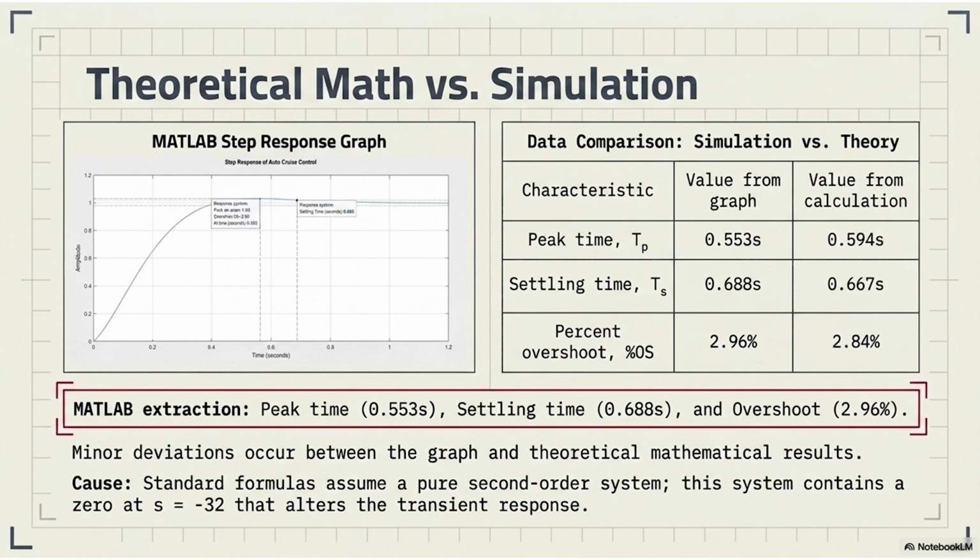When we compare this data to our theoretical calculation in the table, we see a minor deviation. This happens because the standard formulas assume a pure second-order system without zeros. However, our specific closed-loop system contains a zero at s equal to negative 32, which slightly alters the transient response.